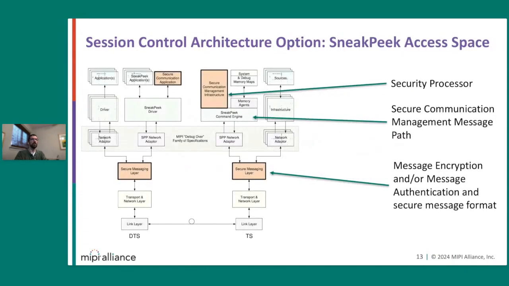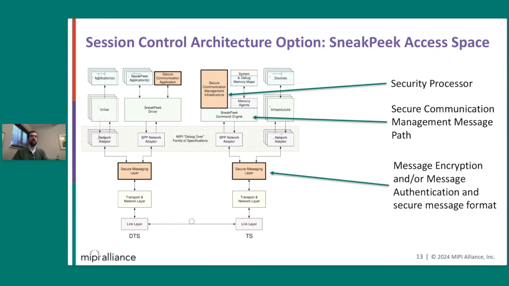So let's look at what those architectural aspects would look like in each of our example architectural options. This is secure communication management going over SneakPeek, in-band over SneakPeek. We have our security processor, which maps to our secure communication management infrastructure.